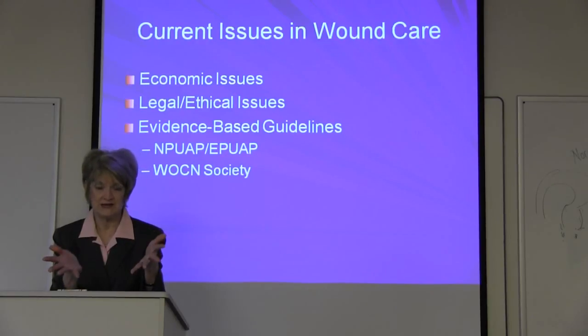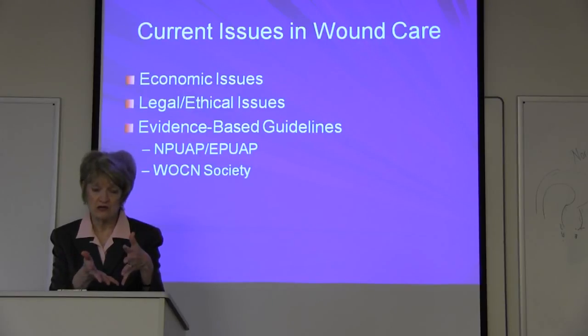We know this makes sense, doesn't it? All of the Q2 hour protocols were developed when we did not have pressure redistribution mattresses. All we had was the standard hospital mattress. Now we have a wide variety of very effective pressure redistribution surfaces.